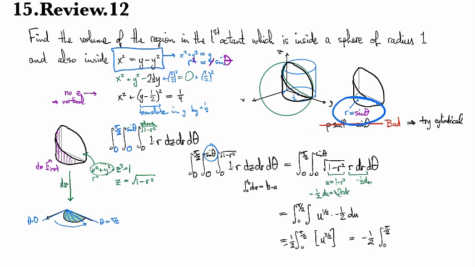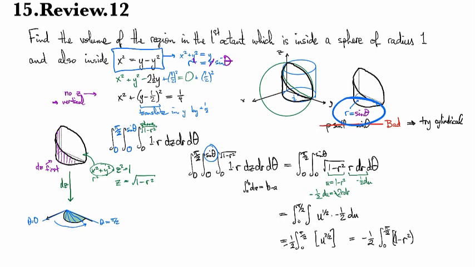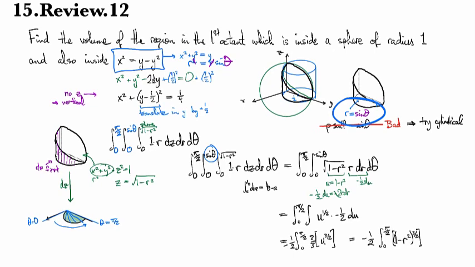And what was our thing? It was 1 minus r squared, quantity to the 3/2. Oh, and I forgot my 2/3. So that 2/3 cancels with the 1/2, and we have minus 1/3. There we go.